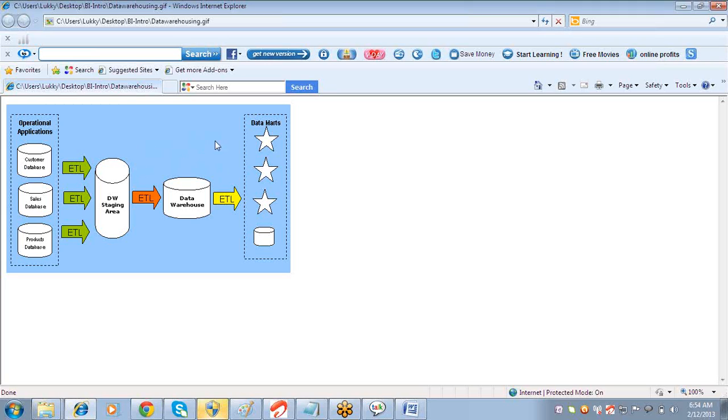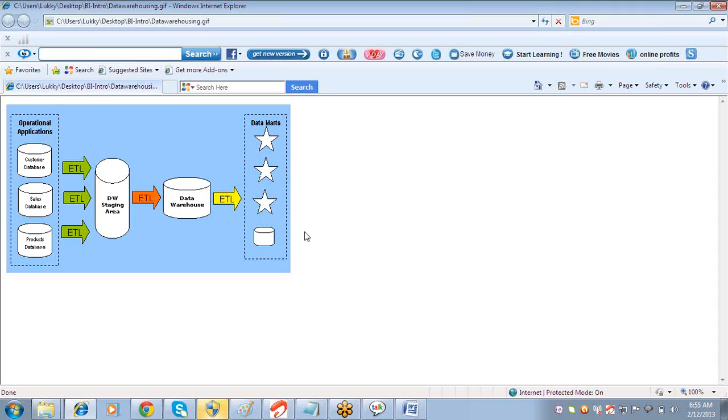So you understood the purpose here, right? Here we are simply consolidating the data and moving it into a centralized repository. From this we generate reports, we create cubes, and we provide whatever the business reports are required. So that's about it.